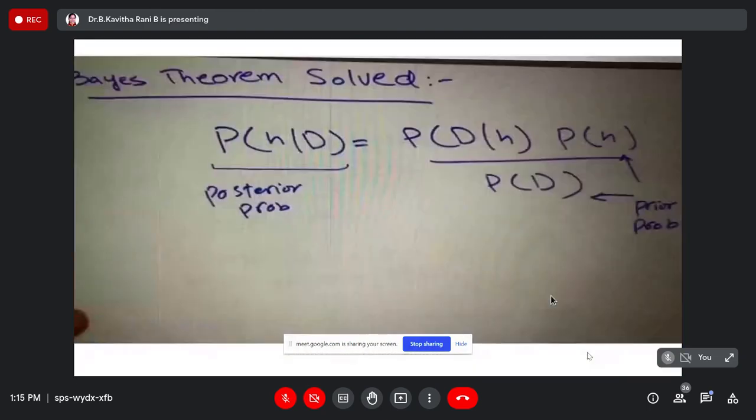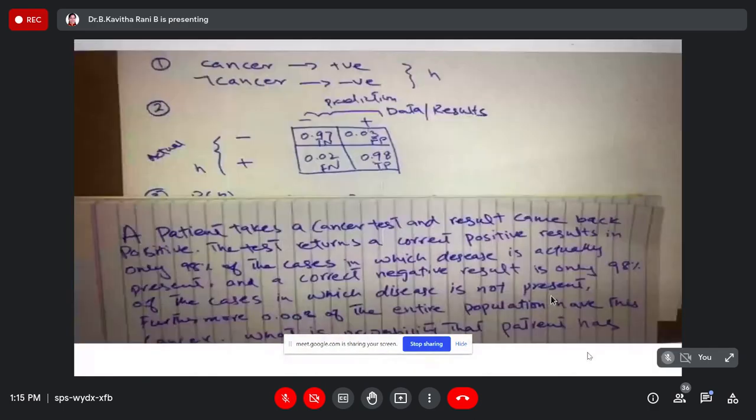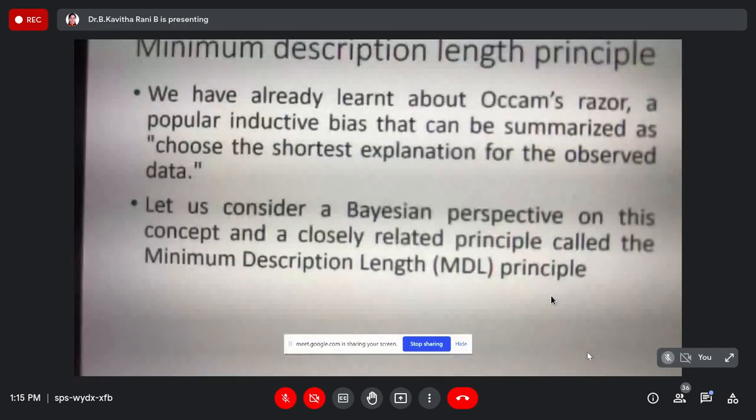So the next topic is the minimum description length principle. Till now, we have seen how the maximum likelihood hypothesis is used to predict the probability.